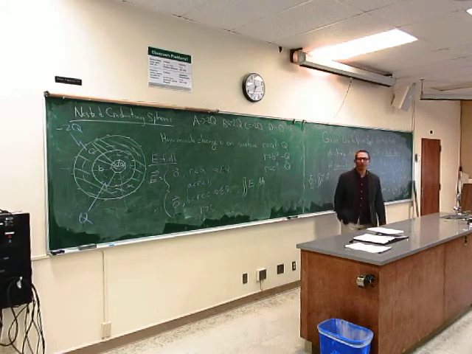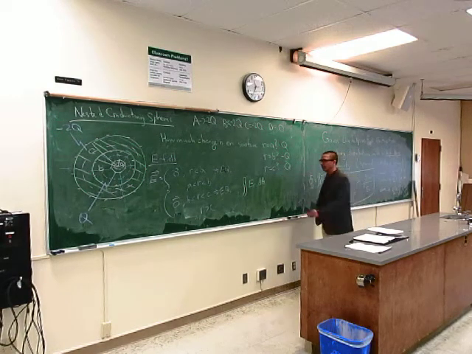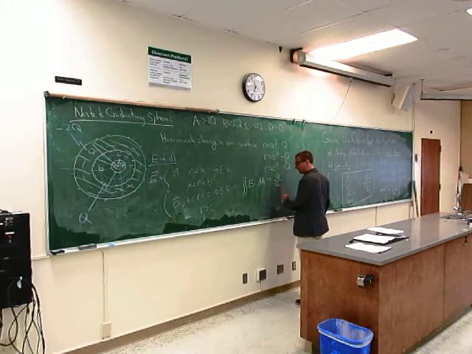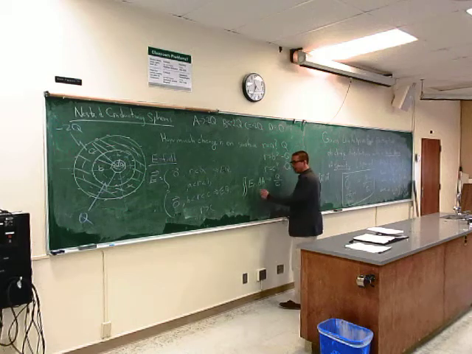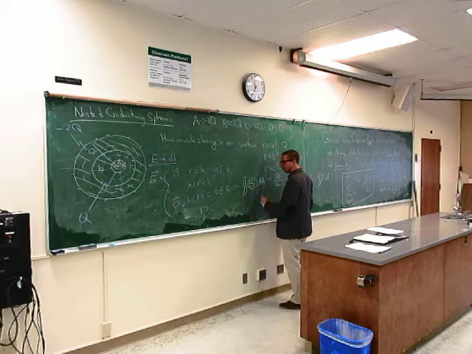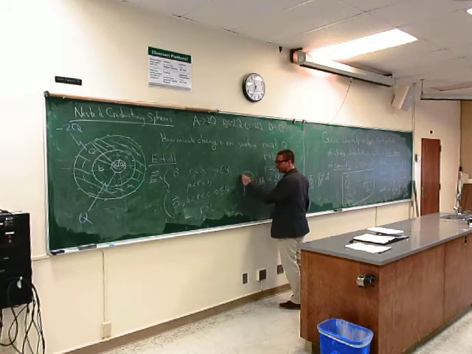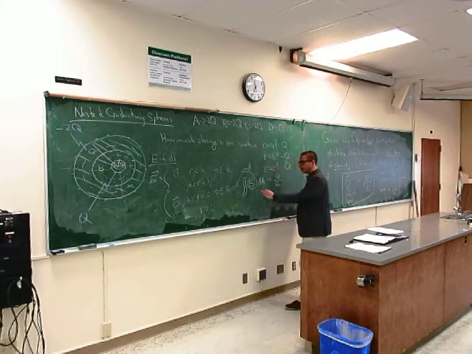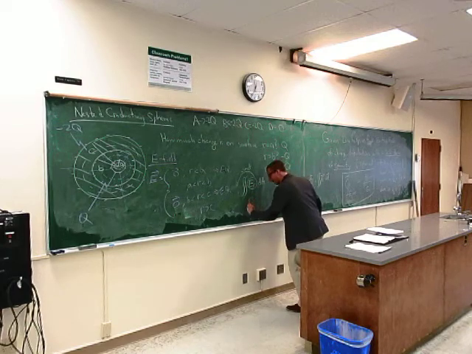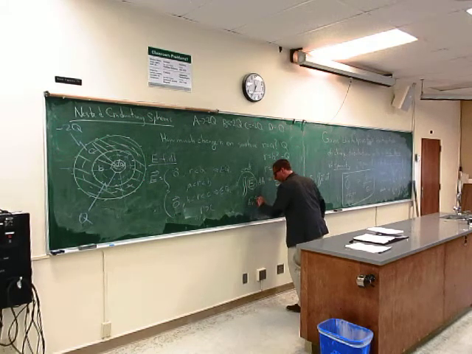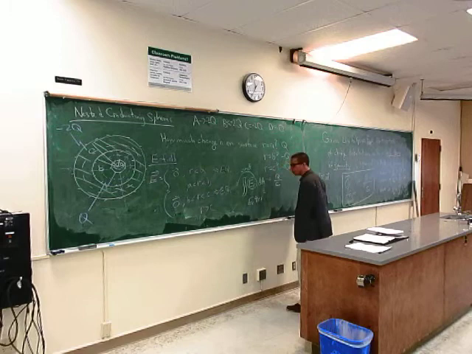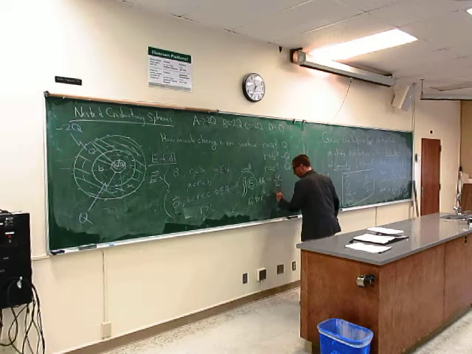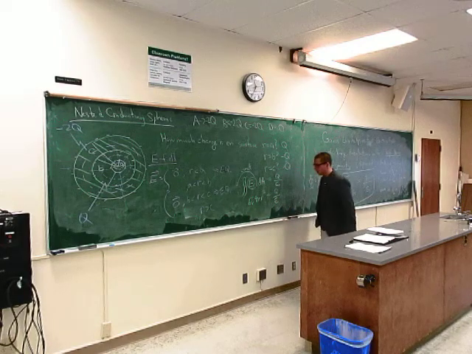The area vector is parallel to the electric field, and this is just going to equal the enclosed charge Q over epsilon naught. Since the electric field is constant over the surface, we can take it outside of the integral. Then I'm just integrating over the surface area, and I have E sub r 4 pi r squared equals Q over epsilon naught.